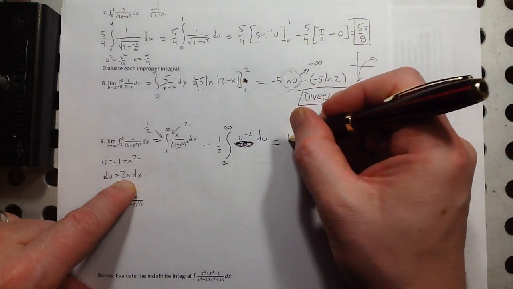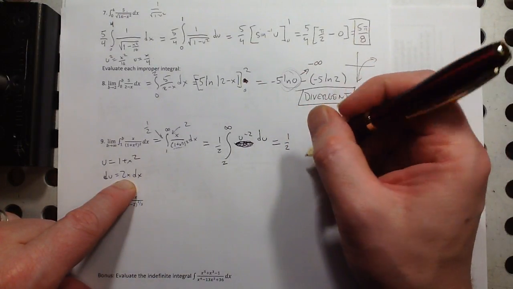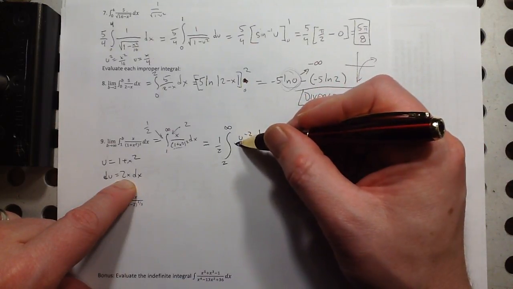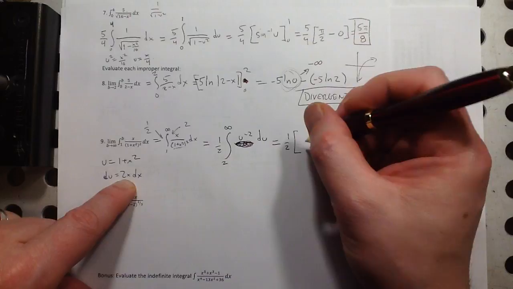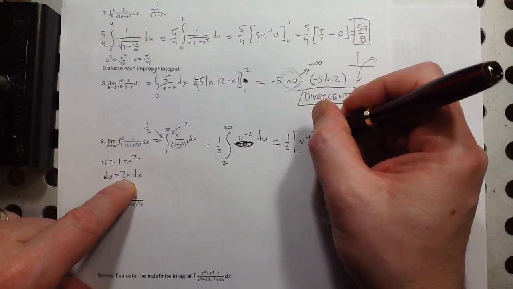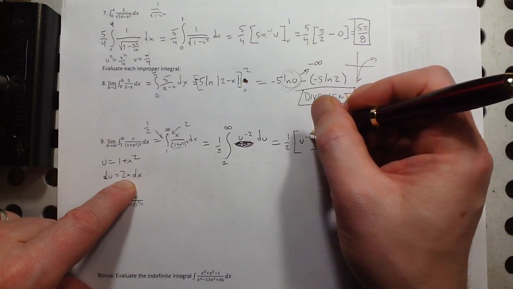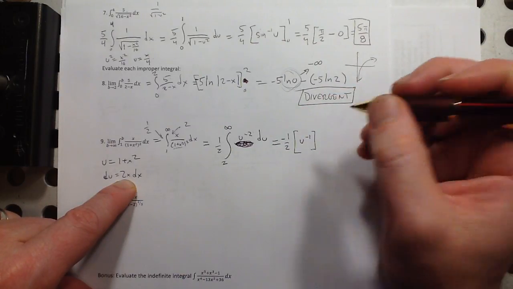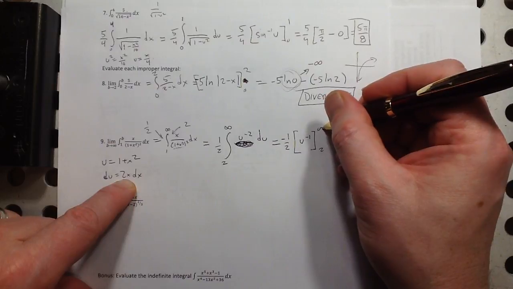So, got 1/2, and then it's the antiderivative of u to the negative 2. So, reverse power rule, I bump the exponent up by 1, and then I divide by the new exponent, dividing by negative 1. It's just like introducing a negative sign there, from 2 to infinity.